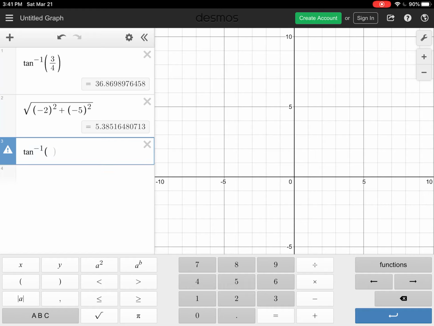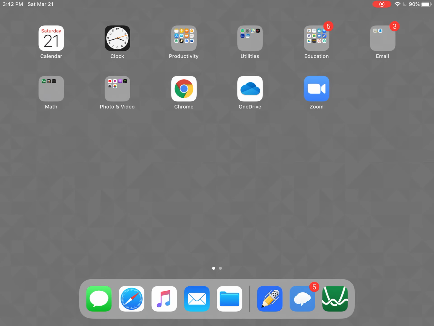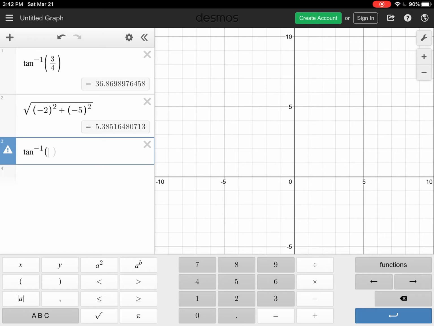Open my parentheses. And then I don't know why that negative moved there, so I'm going to fix that. That's what I want.